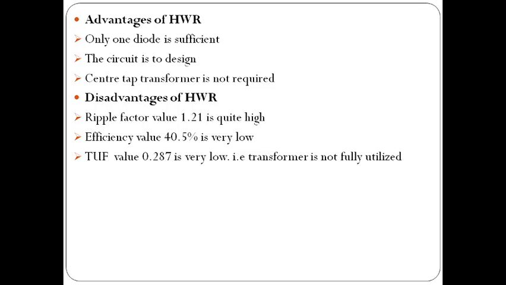And the transformer utilization factor is also a very low value, 0.287 only. That means we are not using the transformer fully. These are the main disadvantages of the rectifier. Due to these reasons, we are moving into the full wave rectifier. We'll discuss it in the next class. Thank you.